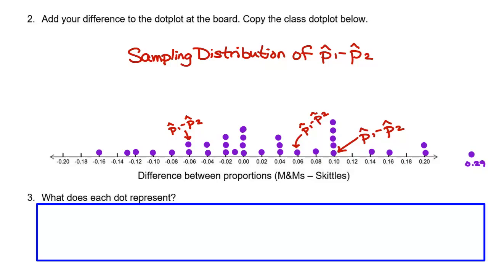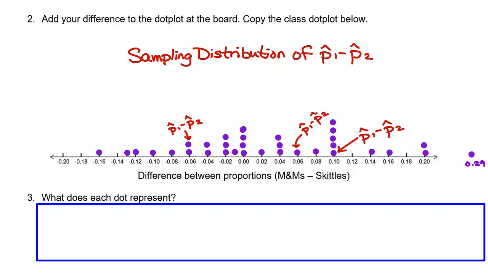What would it take if I wanted the full sampling distribution? You need every possible combination of M&Ms, every possible combination of Skittles, and every possible combination of the differences. We would need every single possible random sample of 50 M&Ms and the proportion of orange. We would need every possible random sample of 50 Skittles and the proportion of orange. And then I would need to do every possible difference of those.